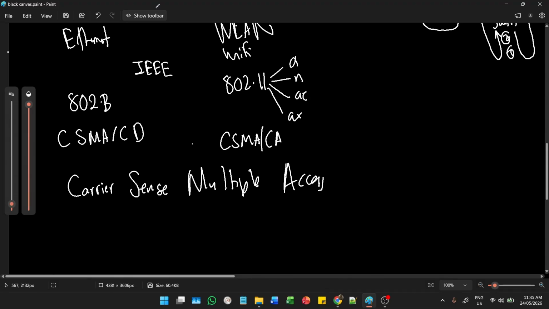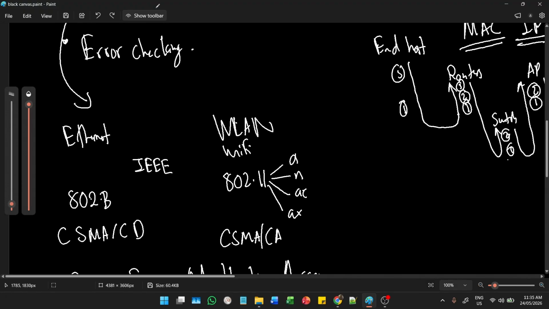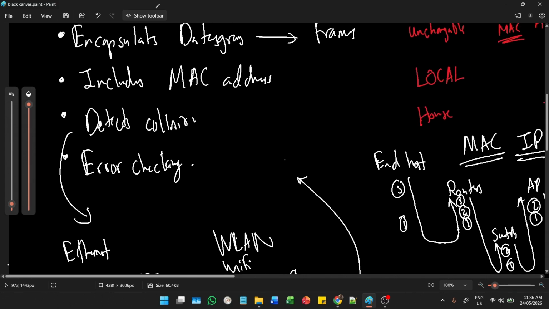CD is collision detection, whereas CA is collision avoidance, right? So collision avoidance is also one of the reasons why Wi-Fi uses half duplex mode, right? Because it avoids, it's vice versa.